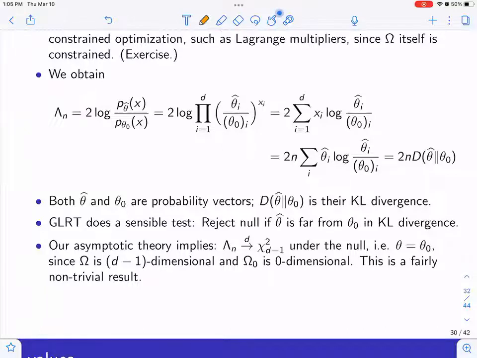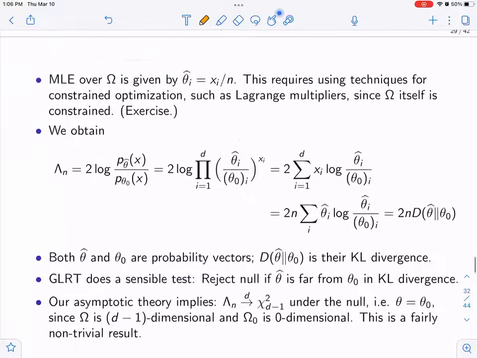But if you're interested, you can try to prove this directly in this case. The CLT for the multinomial would be a little bit tricky, because the coordinates of the xi's are not independent.